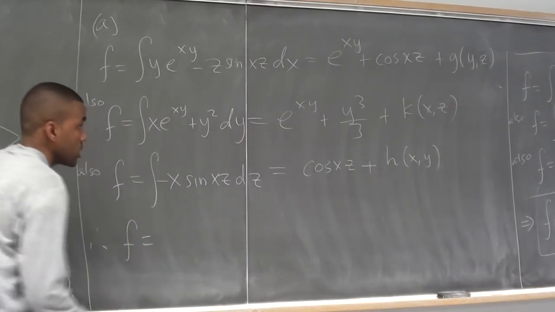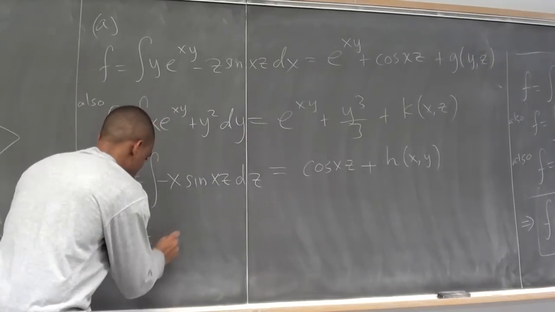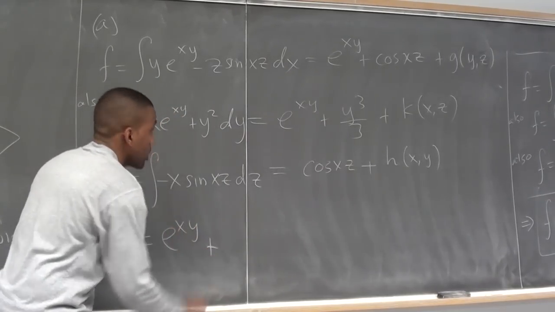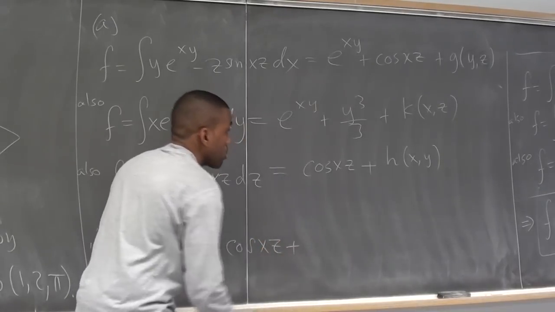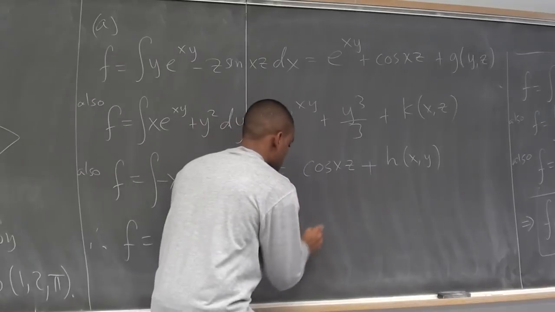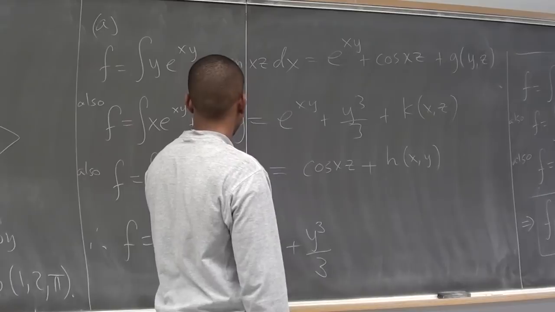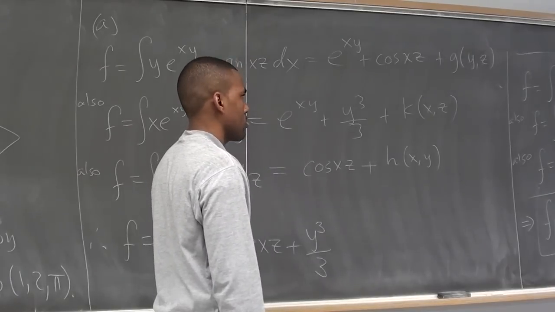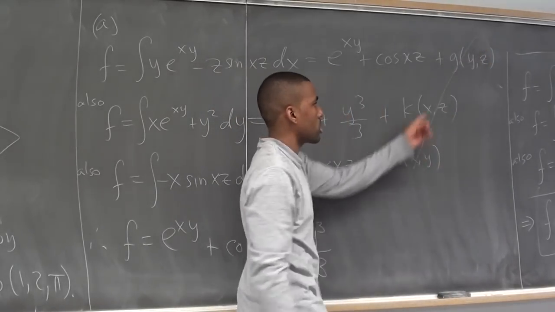Therefore, your f is equal to, write down all the guys that show up: e to the xy shows up, plus cosine xz shows up, plus y cubed over 3 shows up. Do you have to write over 3? Ignore the arbitrary constants of integration. These are the guys you ignore.